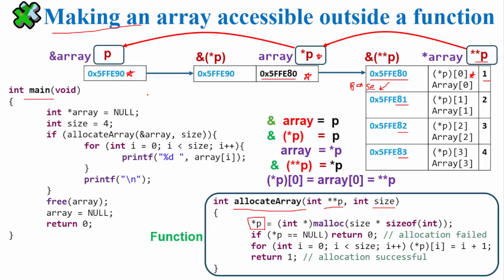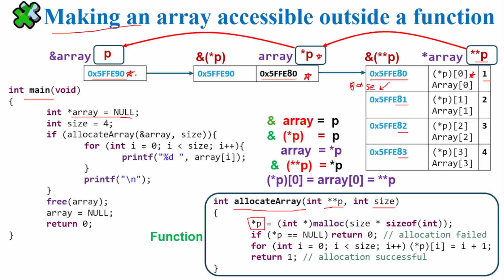In the main function, we declare a pointer array and initialize it to 0 or null, even though it does not point to any valid memory yet. It has its own address, for example, 5FFE90. Passing &array to the allocate array function sets the double pointer p equal to the address of array.